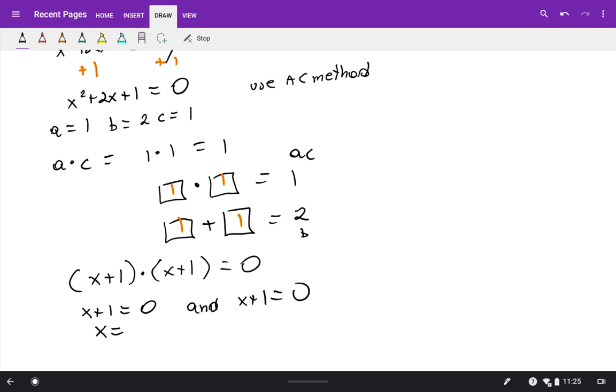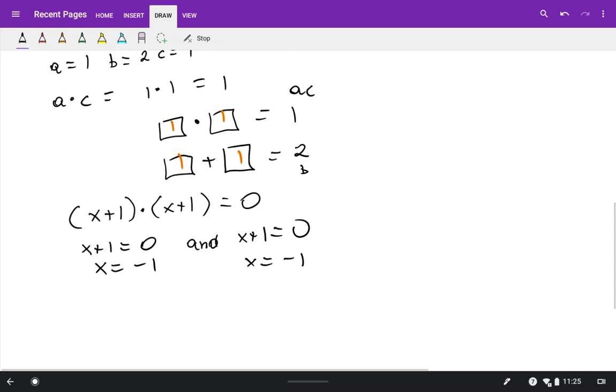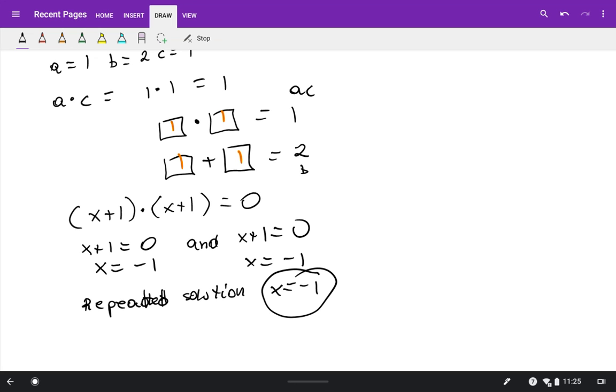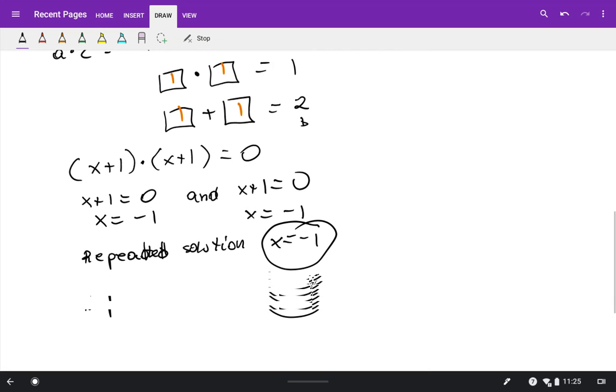So we have x equals negative 1, x equals negative 1. As you see, we have one repeated solution, x equals negative 1, which means the discriminant, if I tried to solve it with the quadratic formula, is equal to 0.